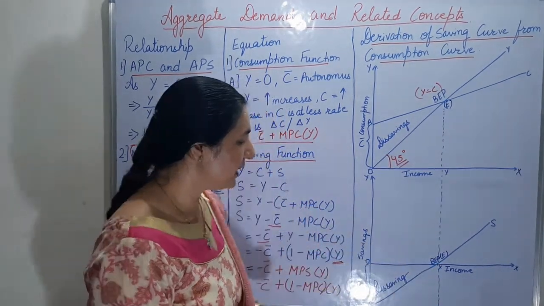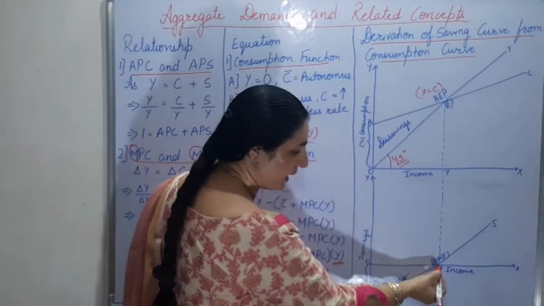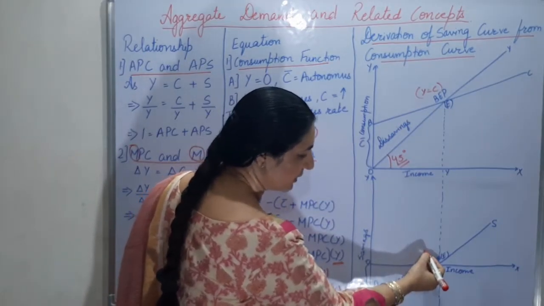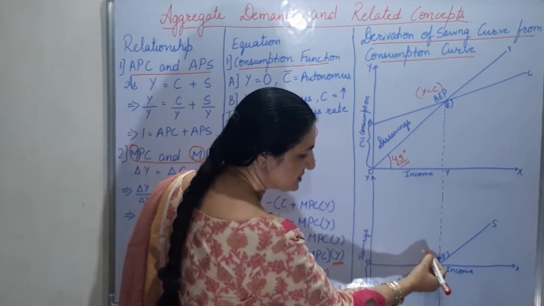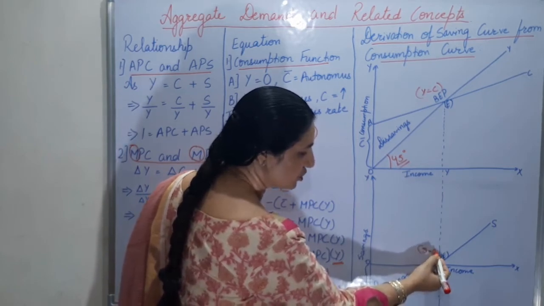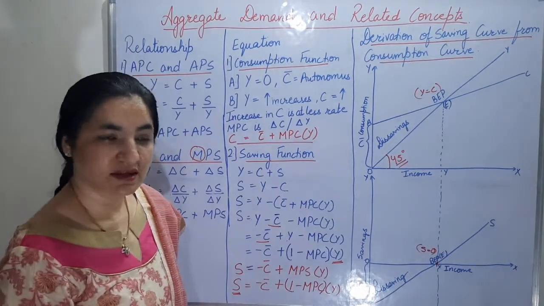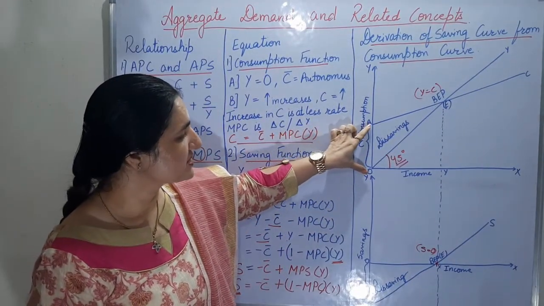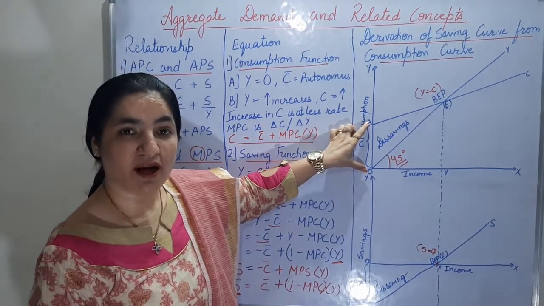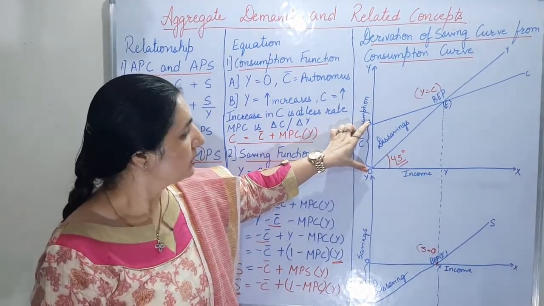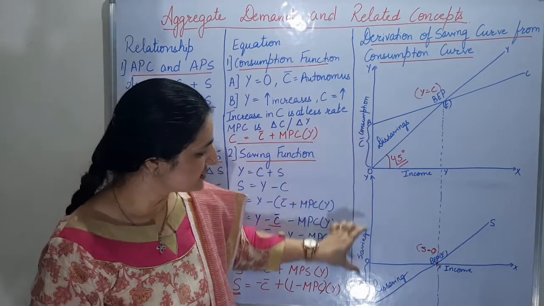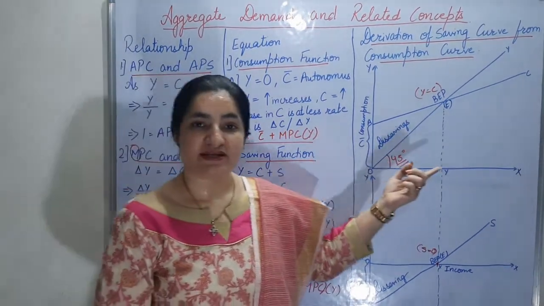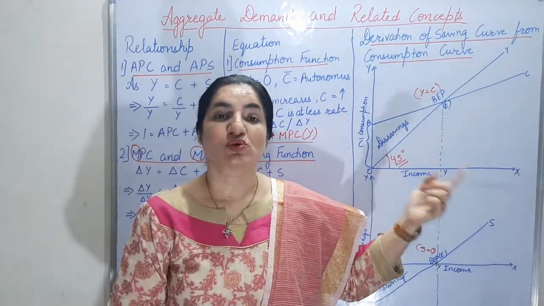So this line which we are dragging down should intersect at the x-axis, which is the income line. Here income and saving both have a relationship. Income is present but saving is 0 because the whole of the income is consumed. The autonomous consumption part, which we have taken above the origin, that same value is now below the origin, because whatever is consumed at 0 level of income shows as negative saving.